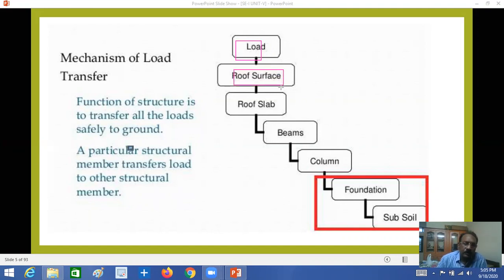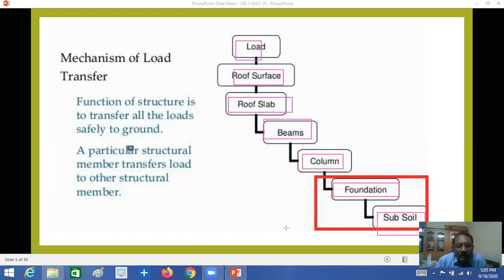It may be dead load, live load or any other load that will transfer to the roof slab, and then it will transfer to the beams, then to the columns, then to the foundation, ultimately from the foundation to the subsoil.